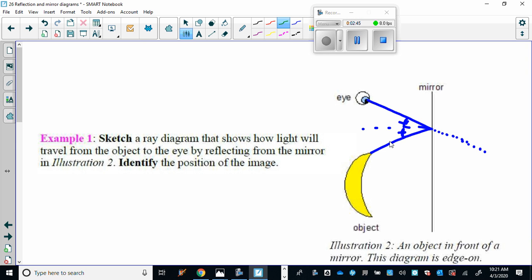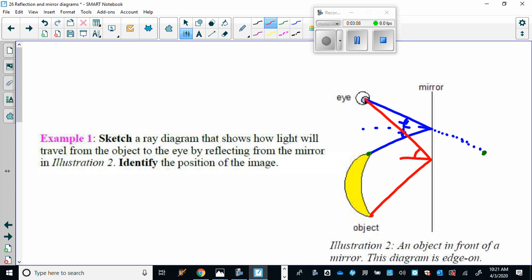And since I don't have yellow, we're just going to make this a green banana. And so this point corresponds to this point behind the mirror. And then we do the same with an infinite amount of points on the object, which we're not going to do. Let's say this one here, so that we go something like this.